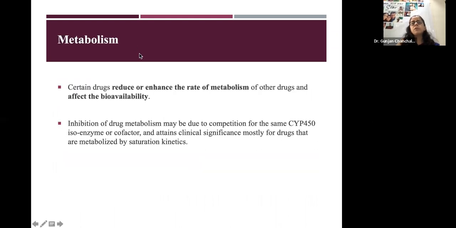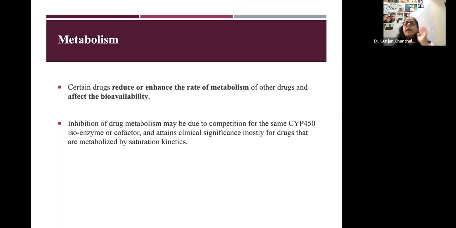When we talk of metabolism, there are drugs which will enhance or reduce the metabolism of one drug over the other. The inhibiting drugs will inhibit the enzyme which will metabolize or deactivate that drug. If drug A is inhibiting the metabolism of drug B, the effect of drug B will increase, and the complications or toxicity of drug B will increase.